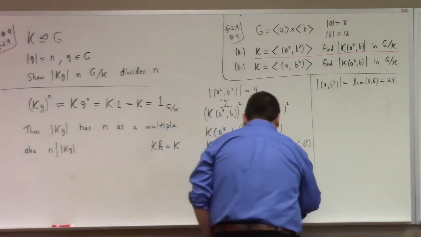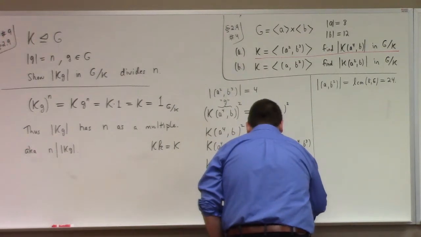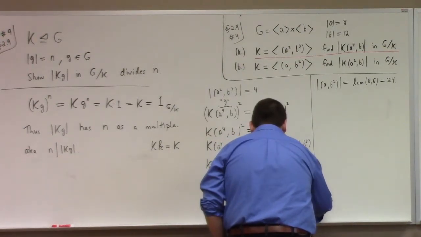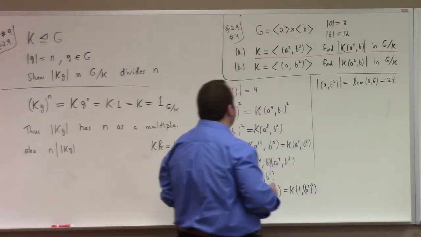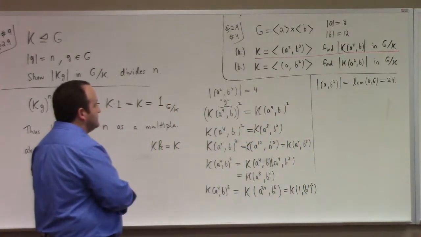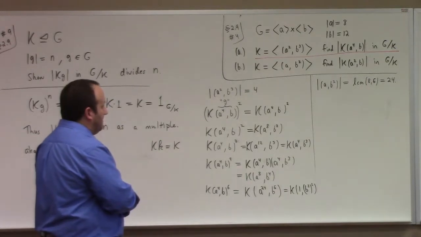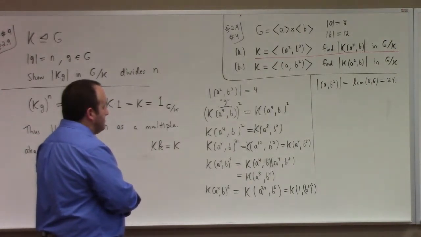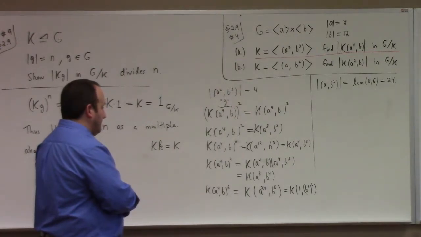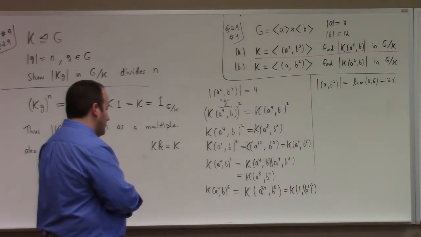So this is K times a b cubed squared, right? Is that not in K?